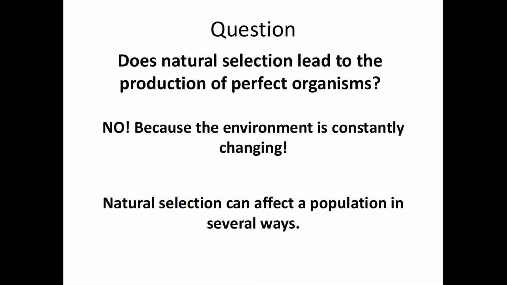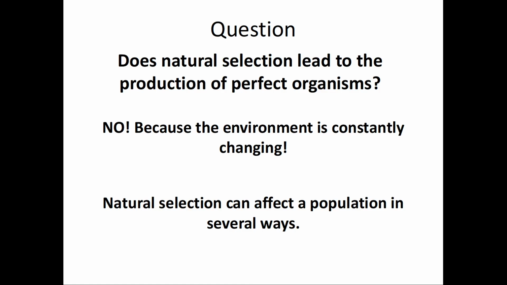All right, so there's this misunderstanding that natural selection leads to the production of a perfect organism, and maybe it's natural to think that because we're talking about constantly selecting and pruning and perfecting and iterating and creating presumably more and more fit organisms.